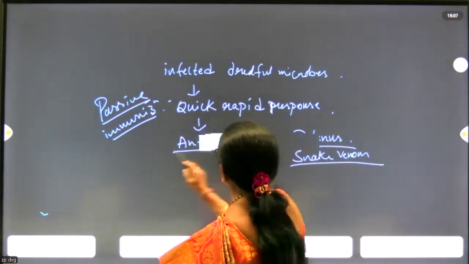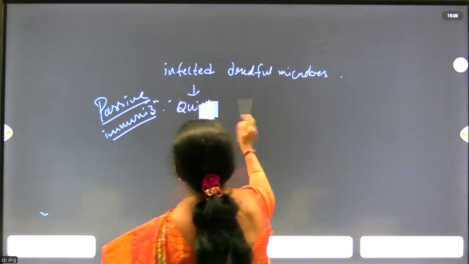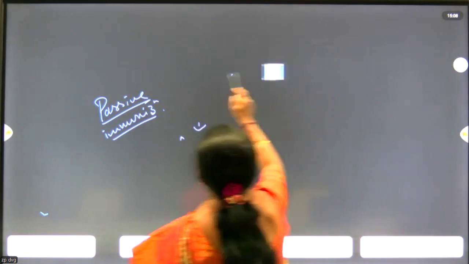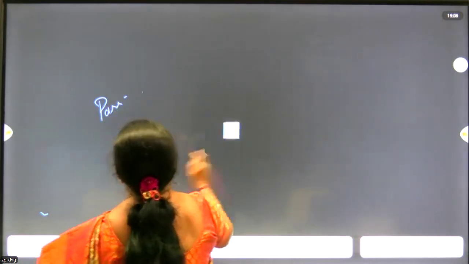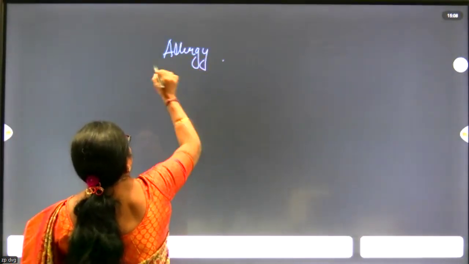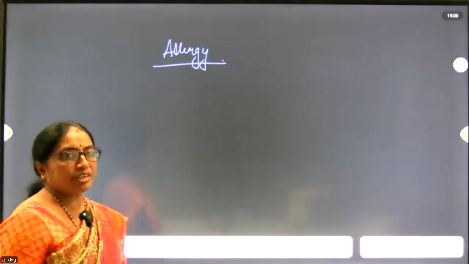Now, moving forward, we will take the next topic, allergy. All of you might be aware of allergy these days. Allergy is more in the younger generation rather than good immunity. Allergy is very, very common in the present generation. So, what is allergy?